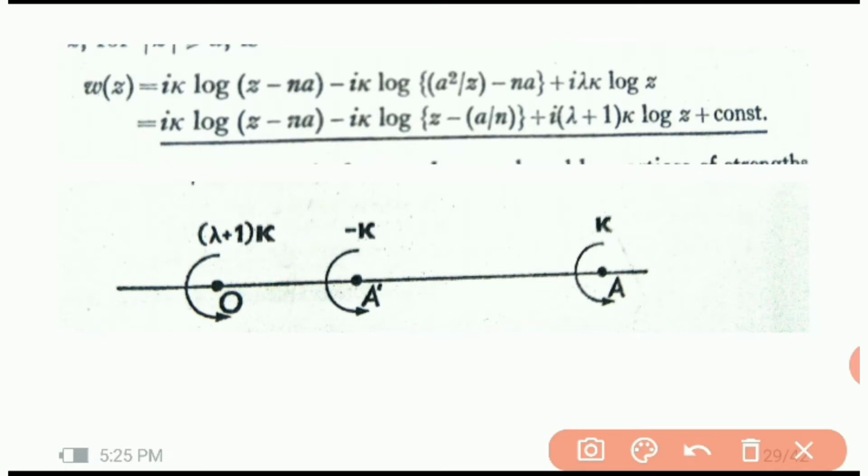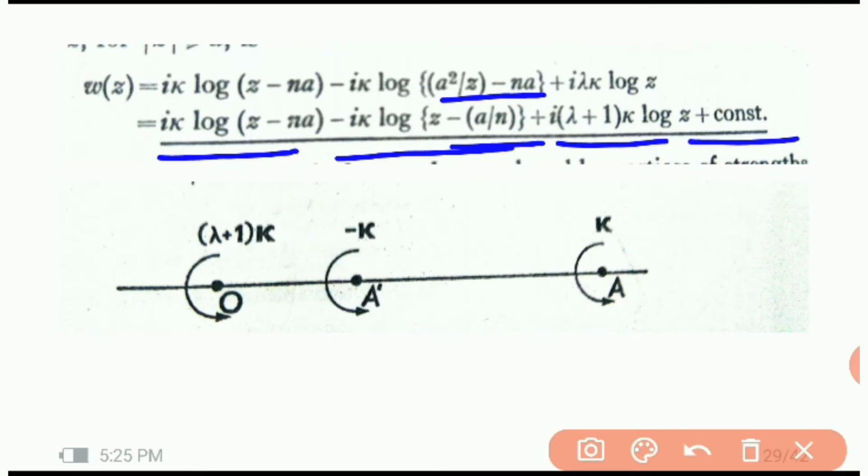This can be written as ik log(z − n) as it is, minus ik log(z − a²/n), and plus i(λ + 1)k log z, plus a constant.